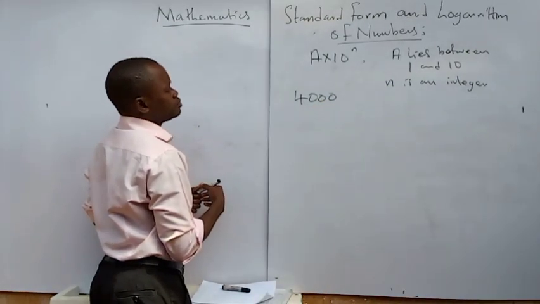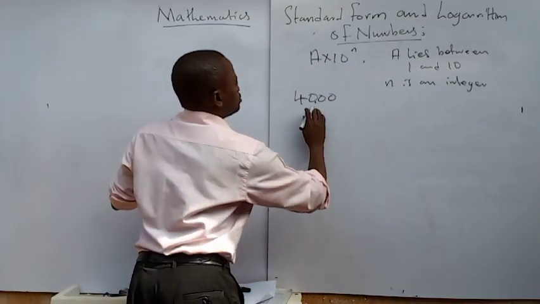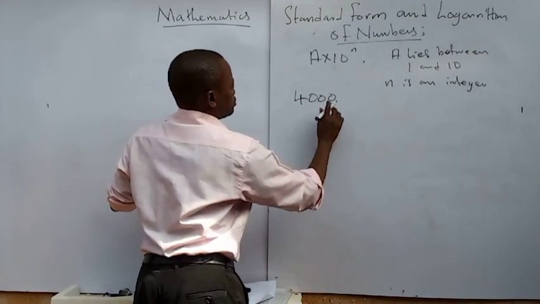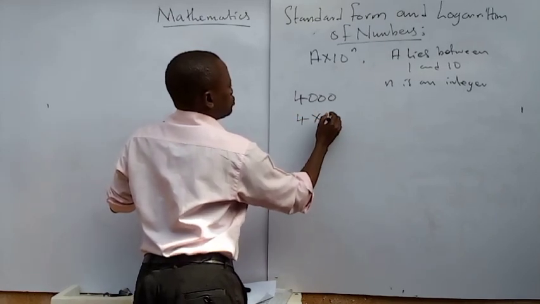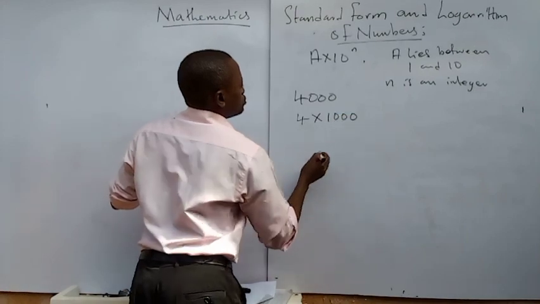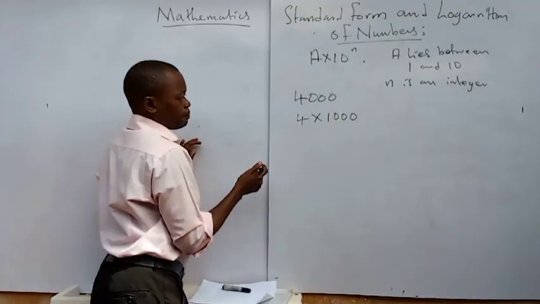Now, 4,000 can be written as 4 times 1,000.